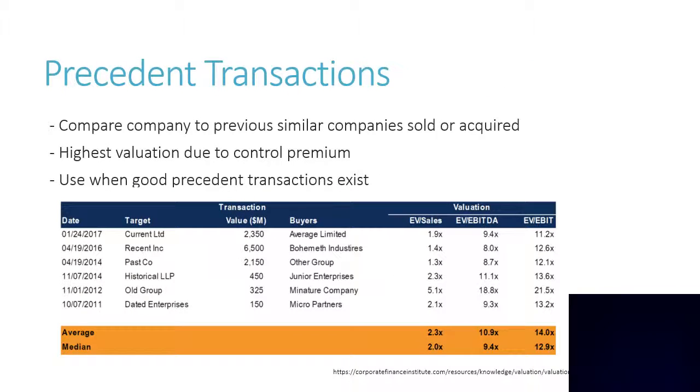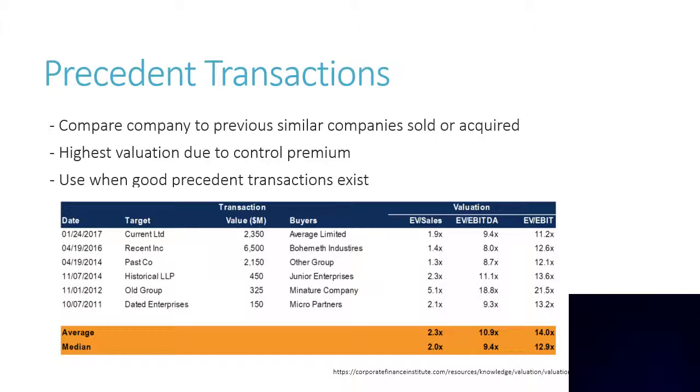The next method that we'll look at is precedent transactions, which is another extrinsic valuation method. In this method, you compare the company to previous similar companies that were either sold or acquired, and you basically look at how much previous companies were sold for or acquired for. And so this method will actually give you the highest valuation because of the control premium.